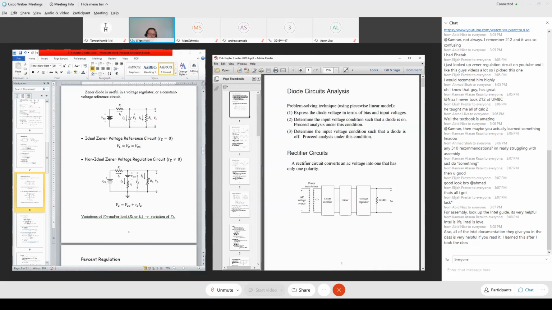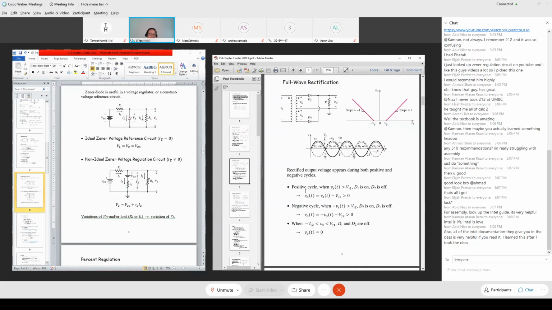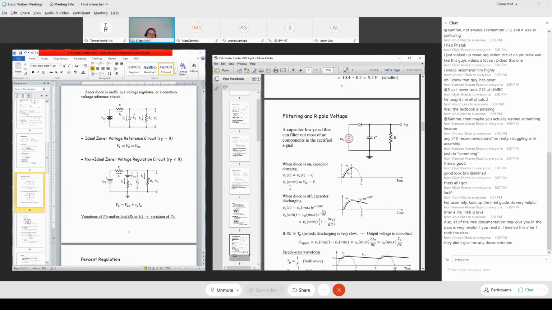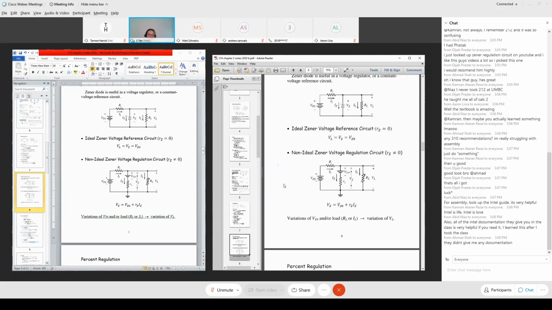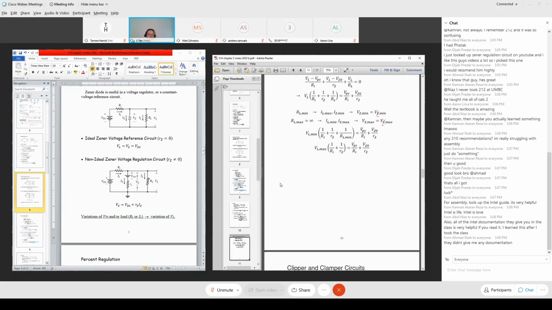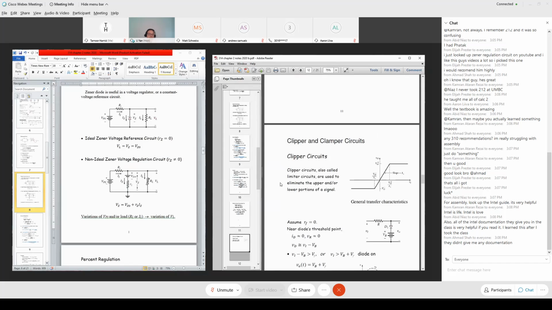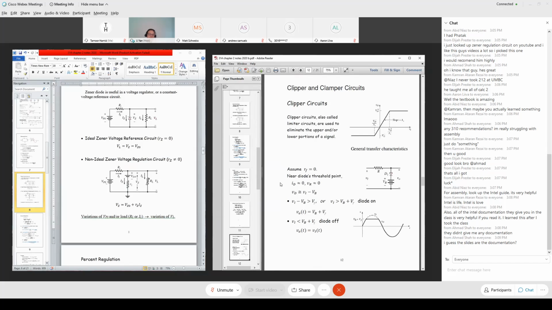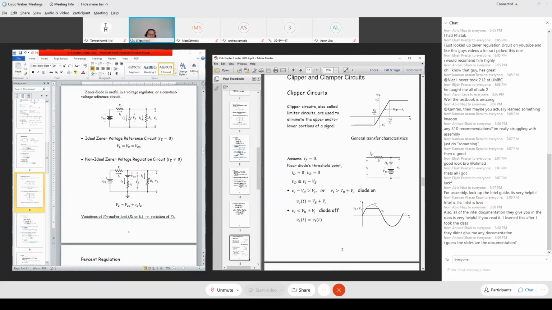So the next circuitry we want to study is a clipper circuit. First, looking at an example.